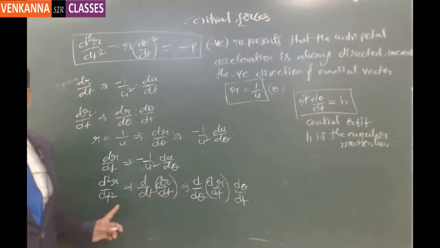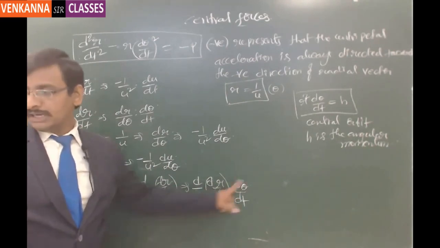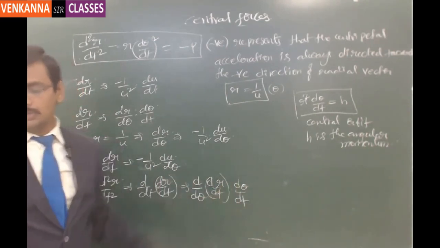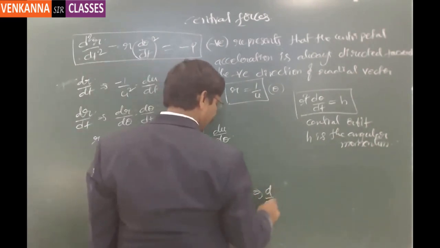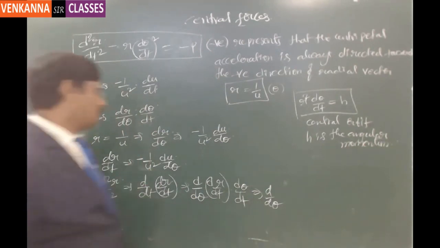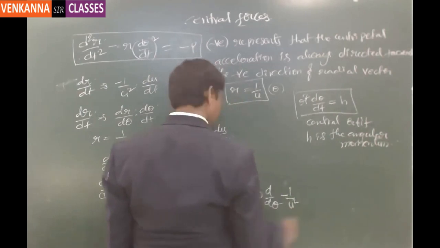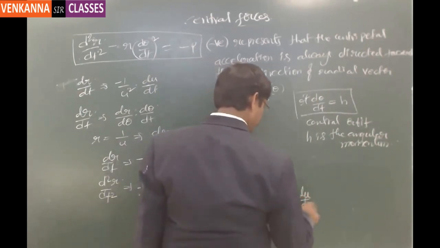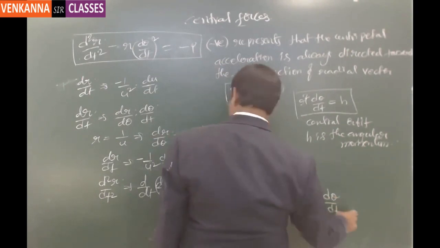So d by dt can be expressed as d by d theta into d theta by dt. So d theta and d theta coming together, so that it won't make any difference to our differential equation. Now here d by d theta of dr by dt, minus 1 by u square into du by d theta into d theta by dt.